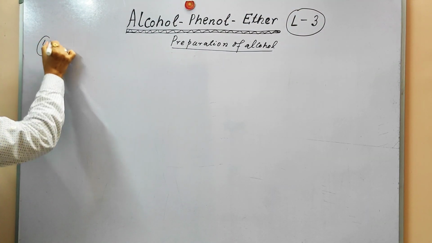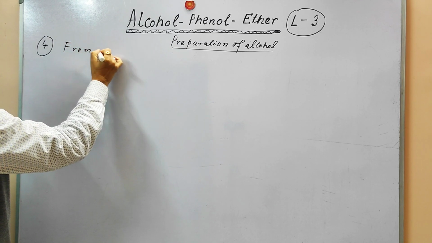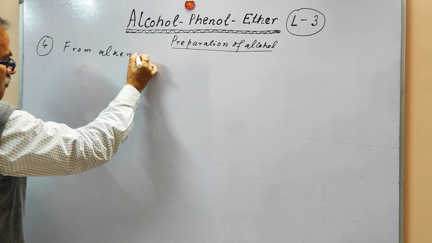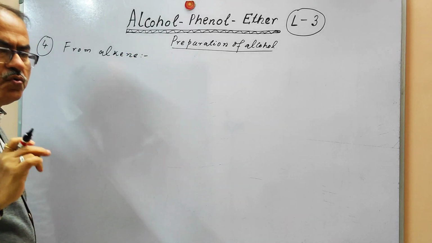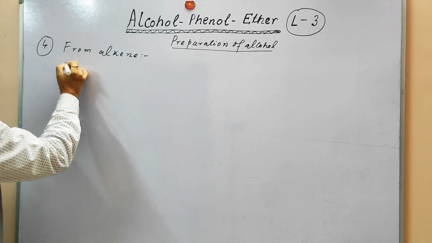4th number, that is from alkene. From alkene, there are 2 ways by which we can produce alcohol.